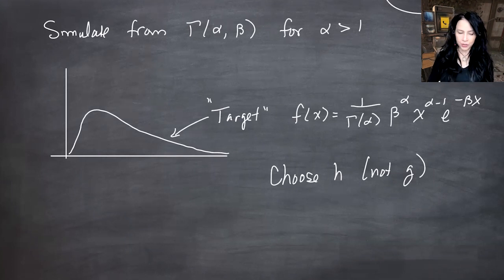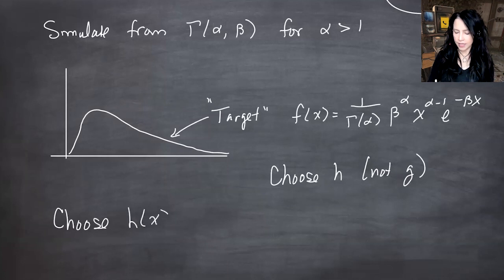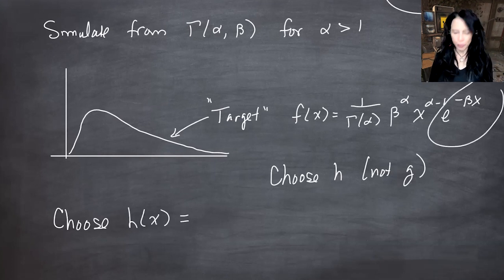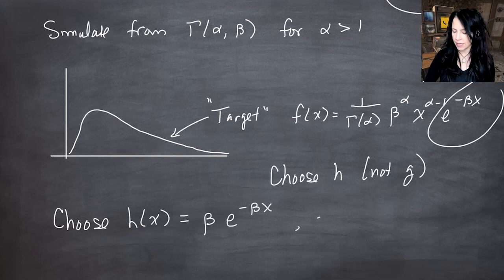But I'm going to choose h of x, so I'm going to try to take the exponential part of this. I'm going to let it be beta e to the minus beta x for x greater than 0.